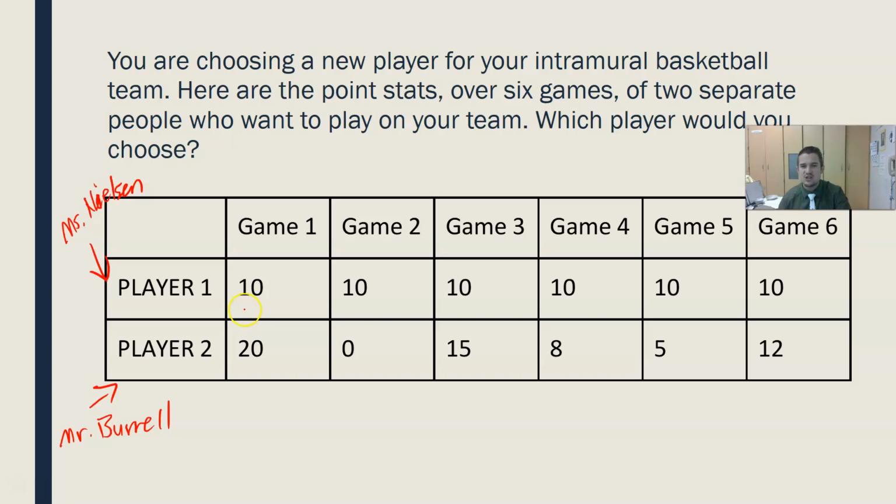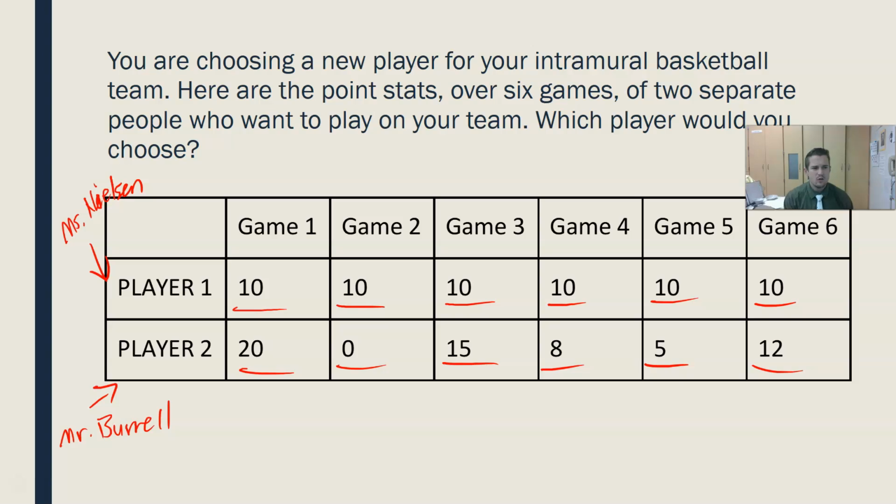Game 1 through 6, she scores 10 points every game. Boom. Killing it. Crushing it. Consistency is key. Mr. Burrell, in the first game, seems like he's killing it. He got double the number of points that Mrs. Nilsson got. But game 2, I only got 0. Game 3, 15, 8, 5, and then 12. So it's a little bit more sporadic.